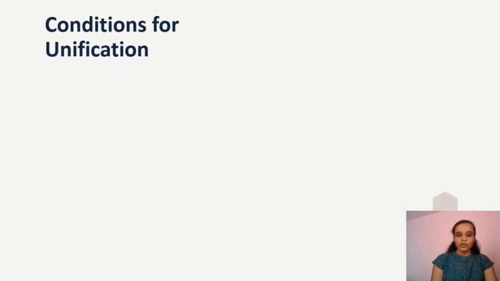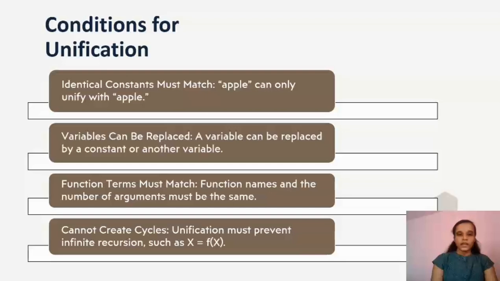Then, conditions of unification. Now, unification doesn't work in all cases. Certain conditions must be met. Two expressions can be unified only if, first, they have the same structure. For example, f of x, y and f of a, b.